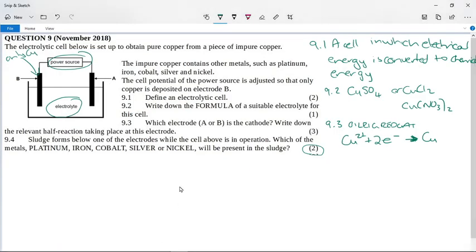So the answer will be platinum and silver. Platinum and silver are more easily reduced than the copper ions, but iron, cobalt, and nickel are harder to reduce. So they stay as ions and do not come out as metal.